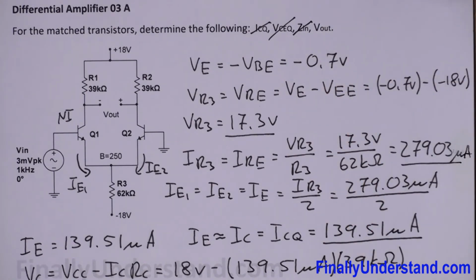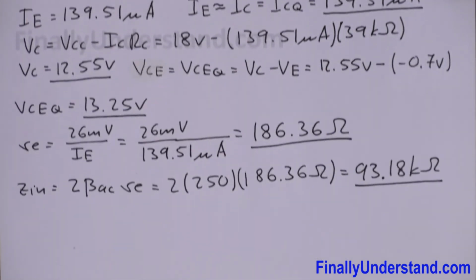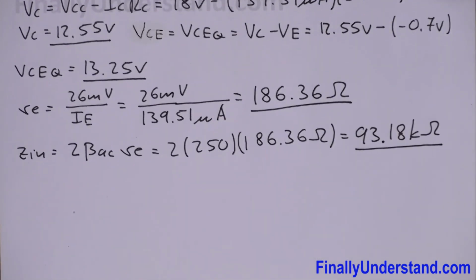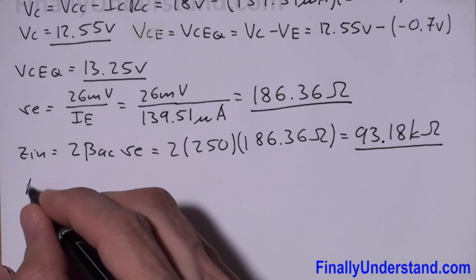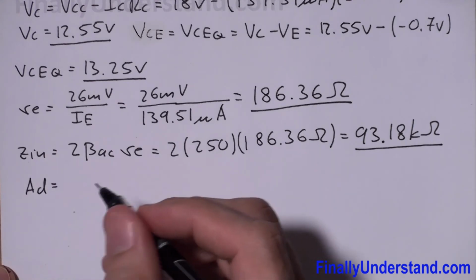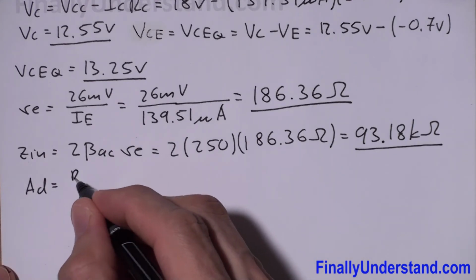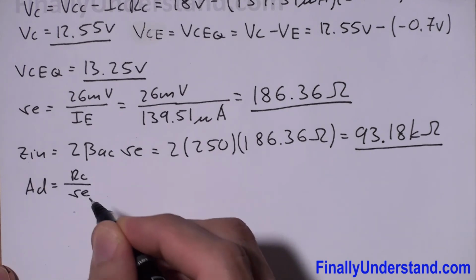Next, I'm supposed to find the output voltage. In order to find the output voltage, I'm supposed to find the differential gain of my differential amplifier. The formula says the differential gain is equal to RC over small re.